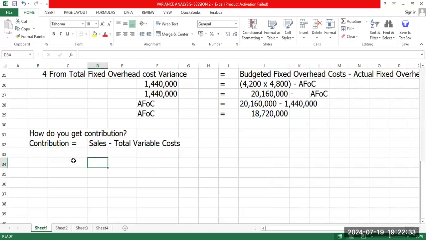So you can get your sales. What are your sales? Then how can you get total variable costs? You list the variable costs here in the form of a table. You can use a table.